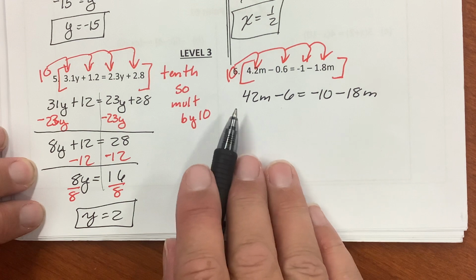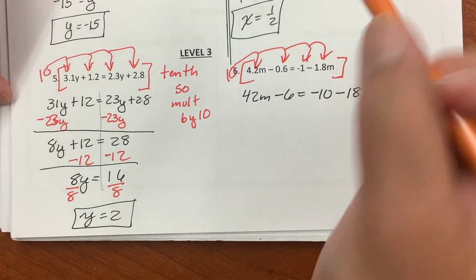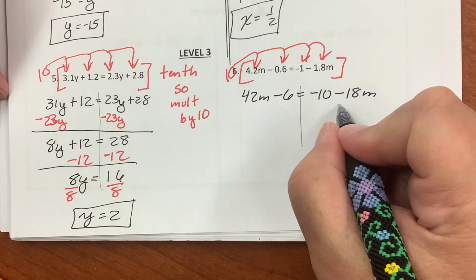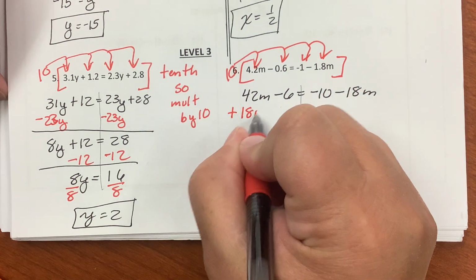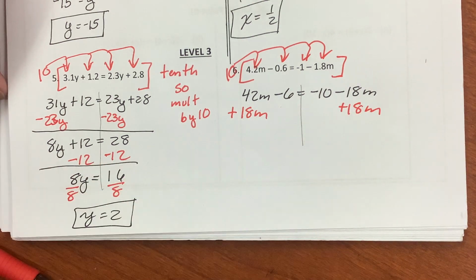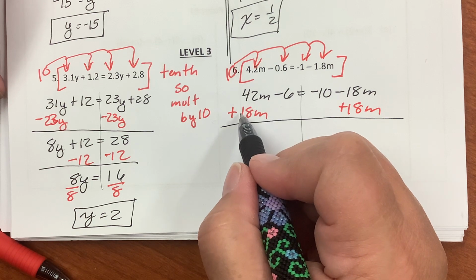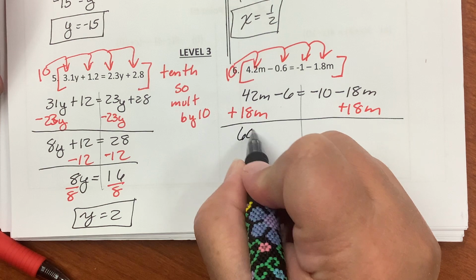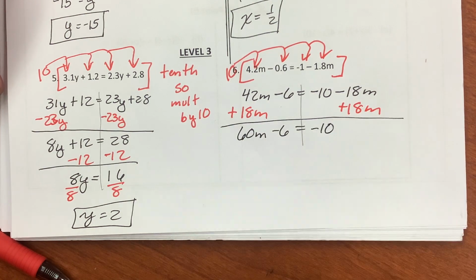Negative 18m is much smaller than 42m. So I'm going to add, where's my pen? Here we go. Add 18m to both sides. 42 plus 18 is 60m minus 6 equals negative 10.